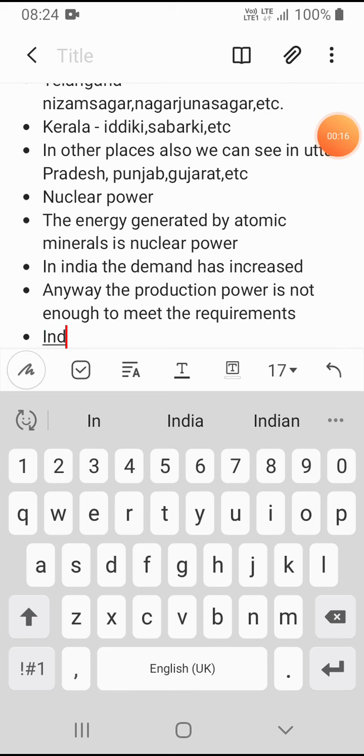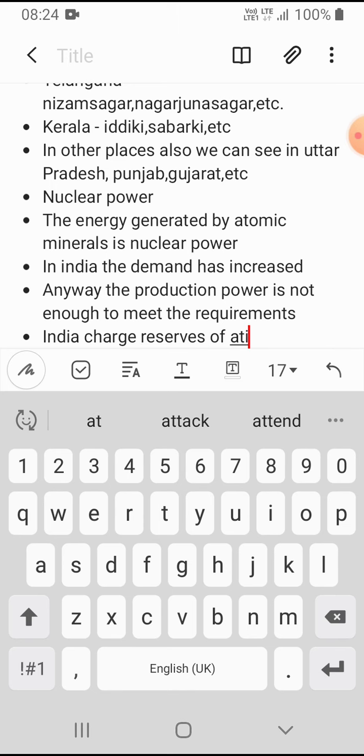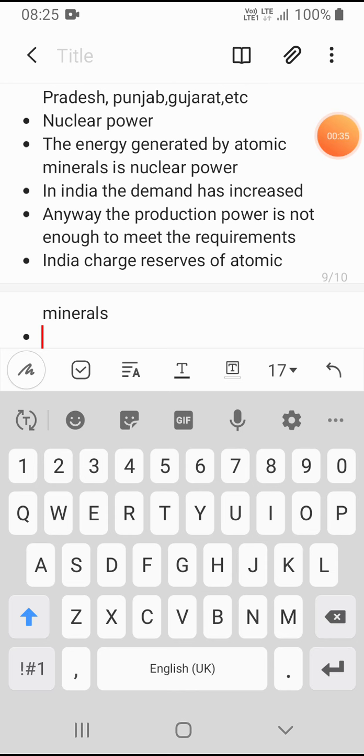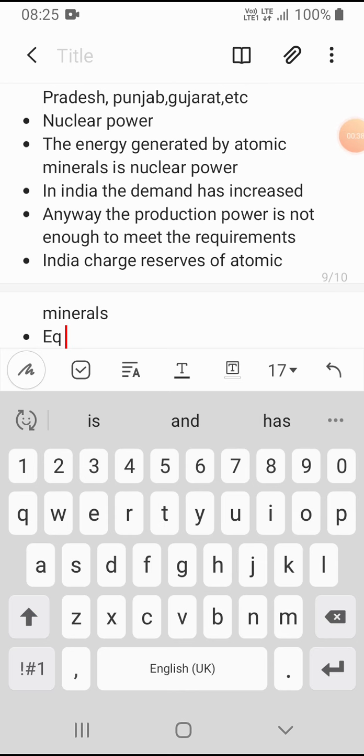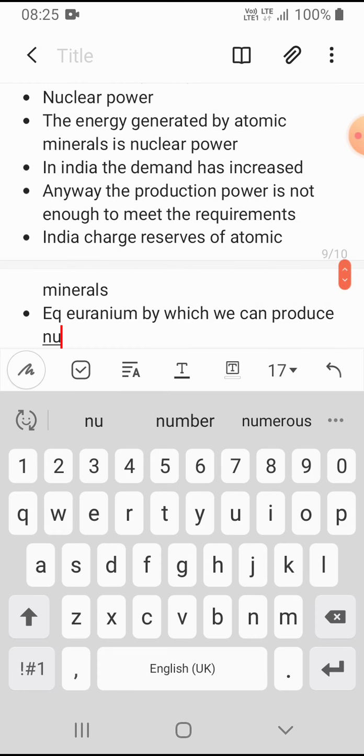And India has large reserves of atomic minerals, for example uranium, by which we can produce nuclear power.